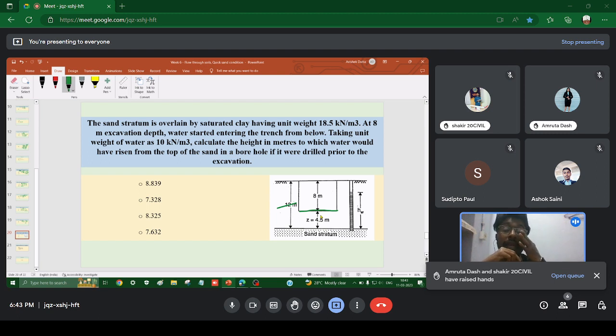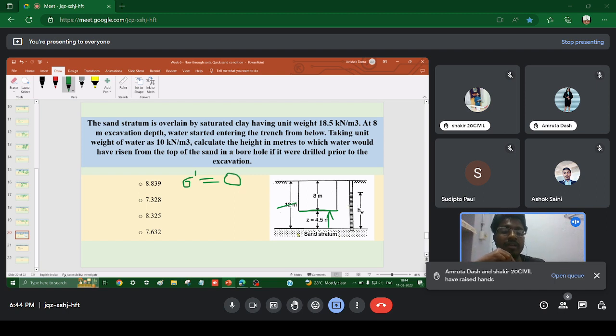So here, through the sand the water is going up, and when the quick condition occurs, the effective pressure is equal to 0.